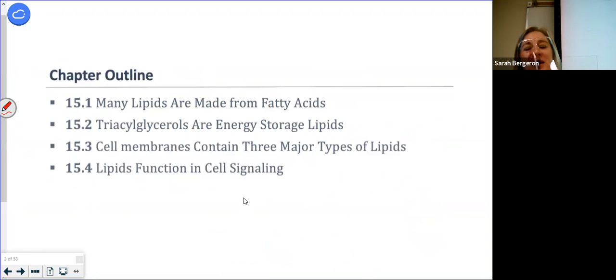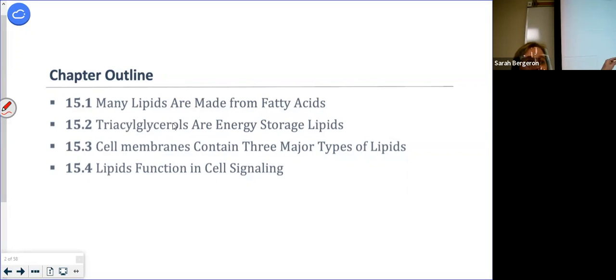So we'll talk about lipids, right? And lipids are made up of fatty acids. So we'll have to talk about the structure of fatty acids and then how fatty acids are put together to make lipids. Then we'll talk specifically about triacylglycerols, right?